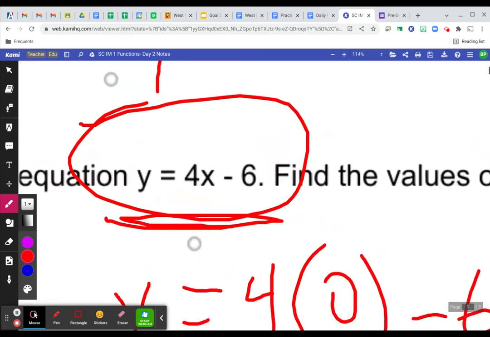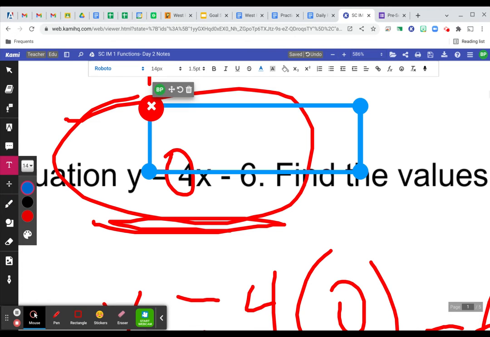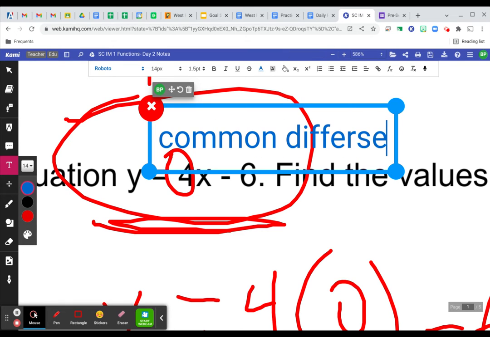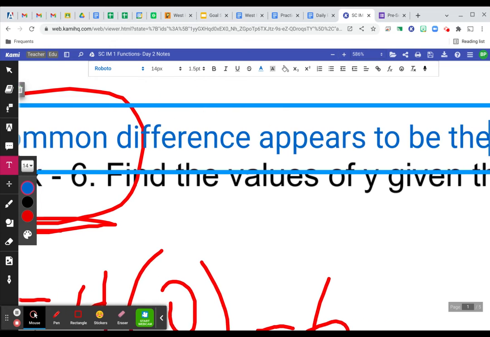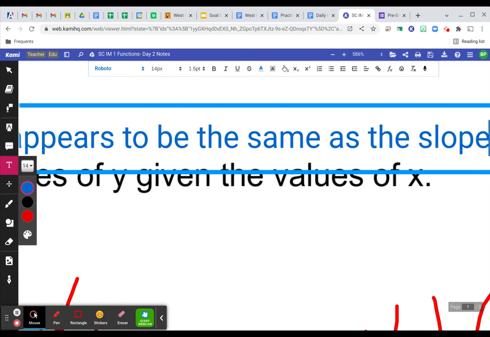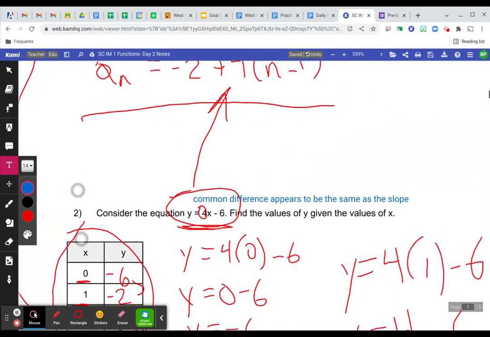Now, where do you see that in the slope-intercept form? It appears to be the slope. So this may just be an observation or a guess at this point, but the common difference appears to be the same as the slope, okay? A very important observation there that we were making in class.